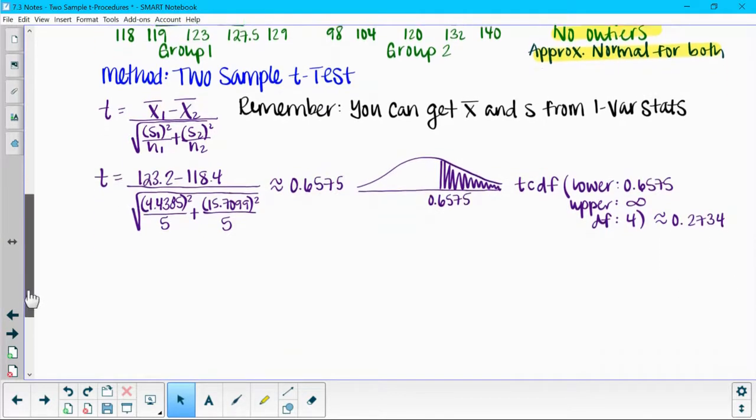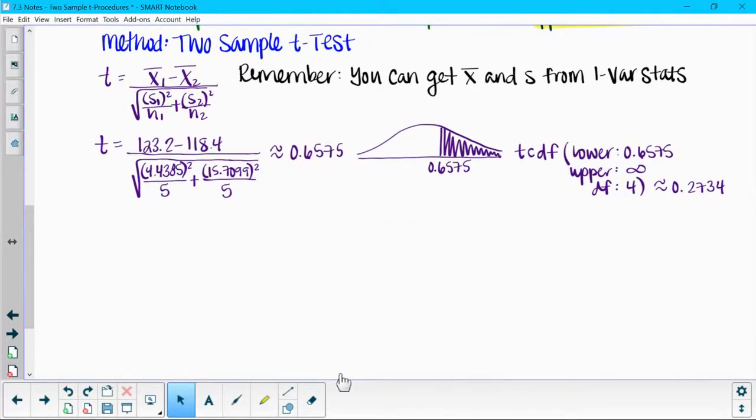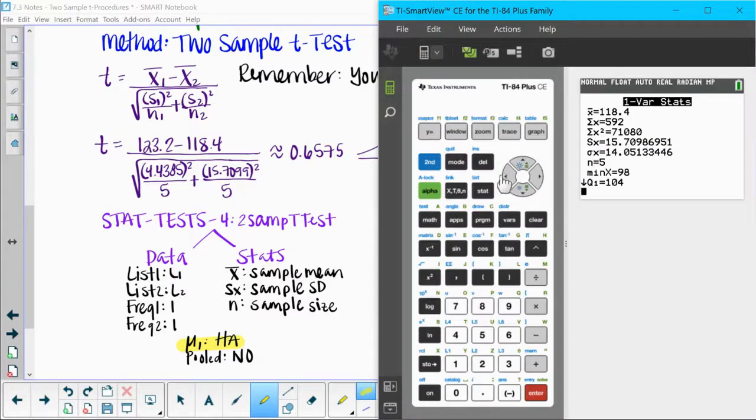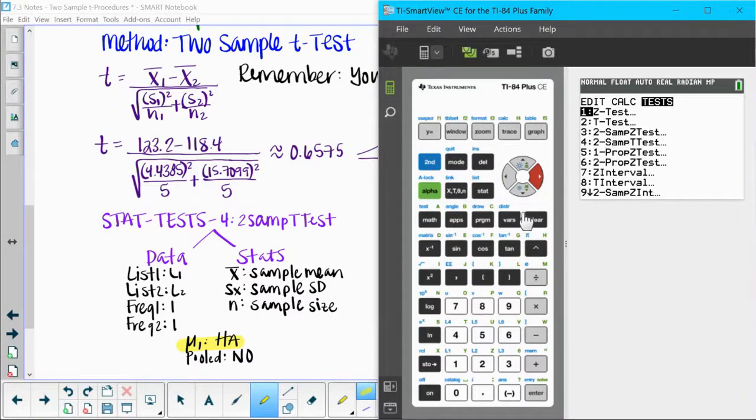Now, if I wanted to run this in my calculator, I'm going to go to stat tests, number 4, and it's going to look exactly as it does for the interval. The only difference is it's going to ask you about your alternative hypothesis, and for pooled, we are still going to say no. So I'm going to go ahead and open that up, stat tests, and I'm going to go down to number 4, my 2-SampTTest.